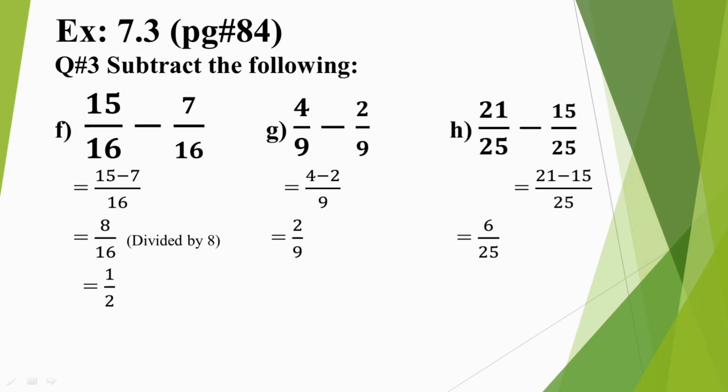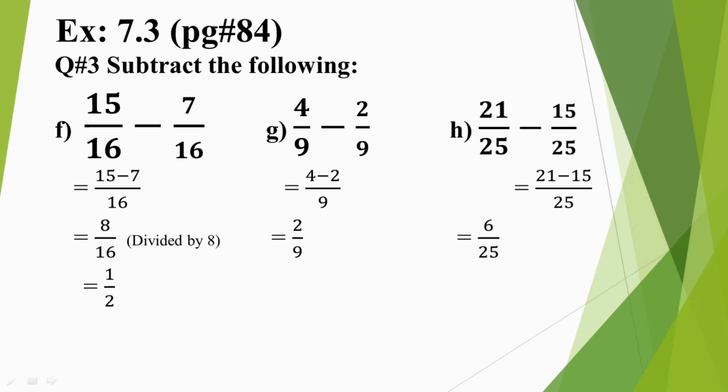So we keep one denominator as 16, and the numerators get subtracted. 15 minus 7 becomes 8. 8 by 16 is not the lowest form. How can you convert it to the lowest form? Yes, by dividing by 8. So 8 divided by 8 comes 1, and 16 divided by 8 comes 2. So 1 by 2 is the lowest form.